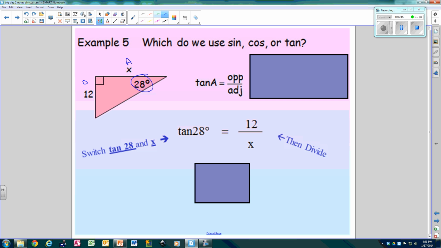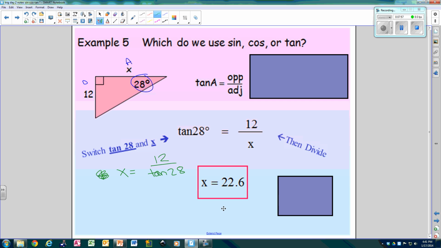So I get, go over here and write, oops, x equals 12 divided by tangent 28. Type it in the calculator and we get 22.6. So just remember, these two will trade places. So this switches with this. So switch these two and divide.